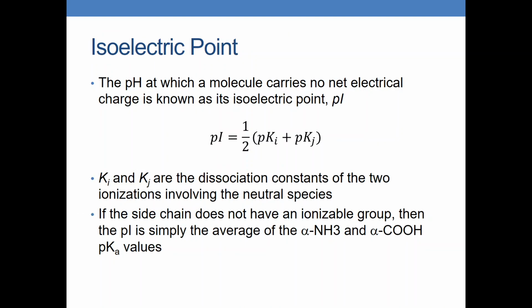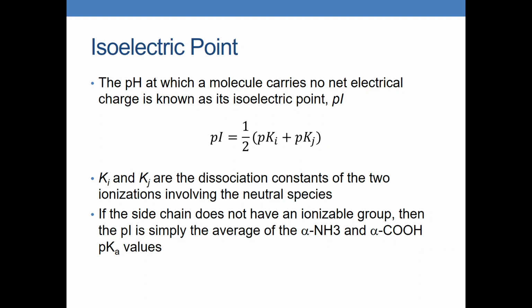Building on the concept of the zwitterion, we can now transition to talk about the isoelectric point. First, conceptually, this is the pH at which a molecule carries no net electrical charge. From the previous slide, you should remember that for an amino acid that lacks an ionizable R group, you're going to have 3 possible species that differ with regards to electrical charge.